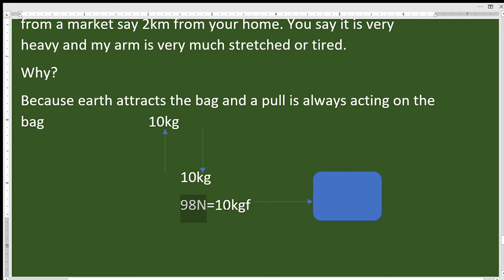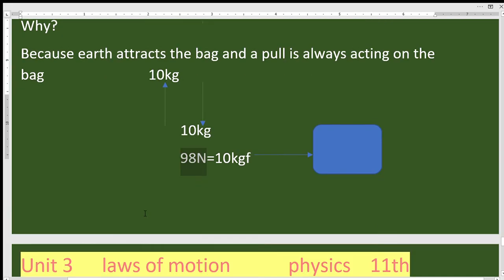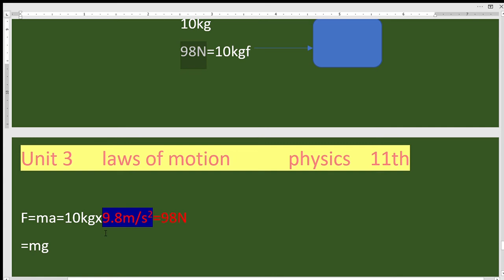If other than vertical force is there, what you do, you get rid of this small g or 9.8. So you divide by 9.8. If you divide this 98 by 9.8, what do you get? You again get 10 kg.